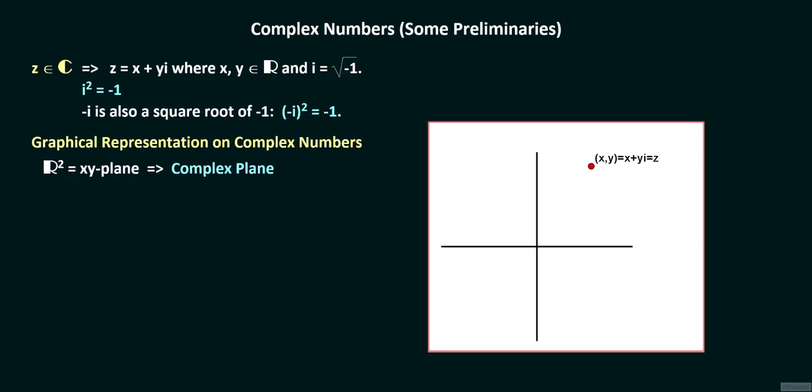In fact, we often refer to the point (x, y) as the point x plus y times i, or the point z on the complex plane. As an example, the origin, or (0, 0), is identified with the complex number 0 plus 0 times i, which is equal to 0. We refer to the x-axis as the real axis, and the y-axis this time as the imaginary axis.